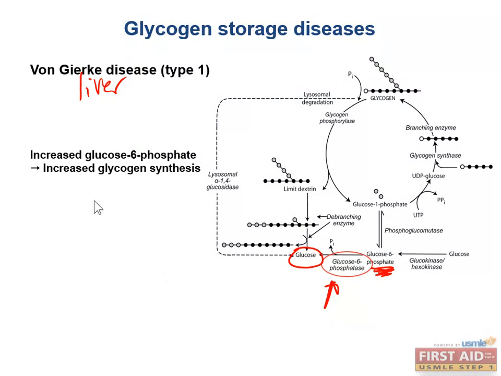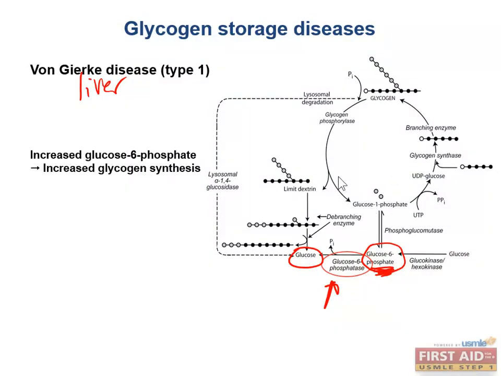Since glucose-6-phosphate activates glycogen synthase, if we have glucose-6-phosphate accumulation, we're going to increase glycogen synthesis. So even more glycogen is going to be formed.